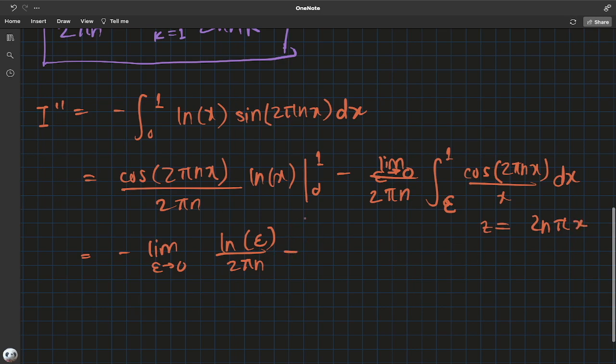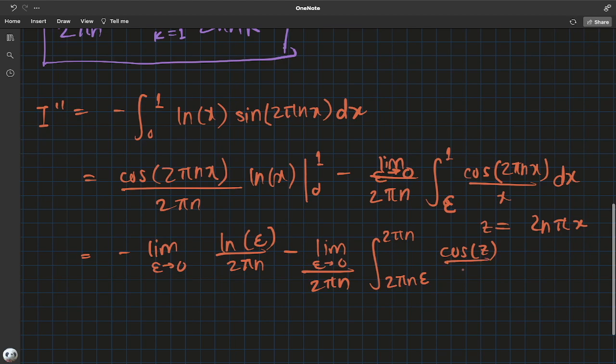So with that substitution in place, I have limit as epsilon goes to 0 divided by 2 pi n, integral from 2 pi n epsilon to 2 pi n of cosine of z over z dz.